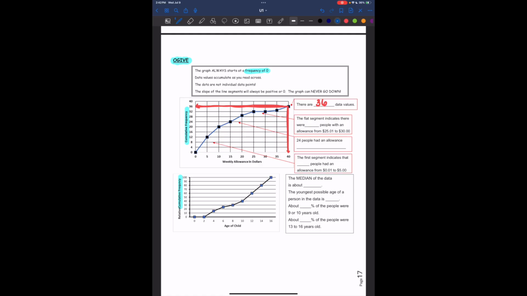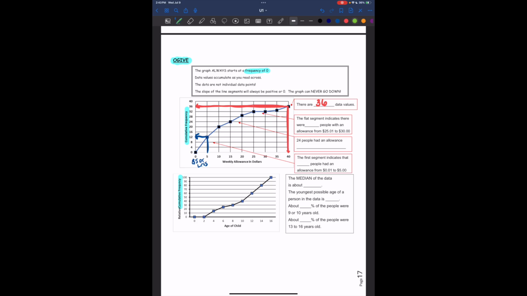If you were to look at all these other ones, as you progress, going back to the beginning, for people that have $5 or less, there are 12 people that have $5 or less.